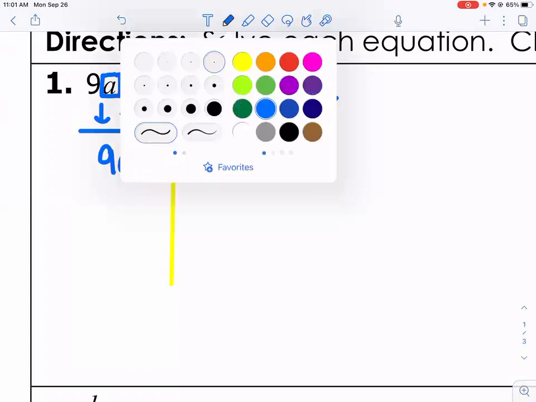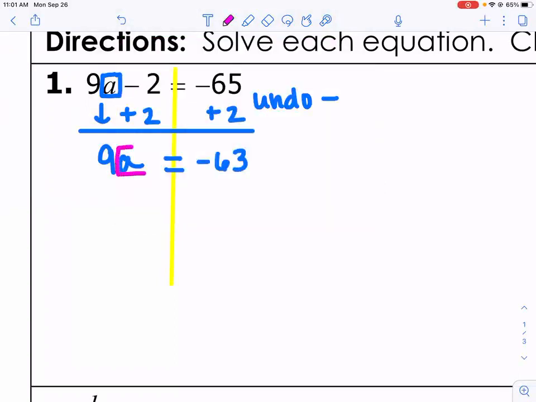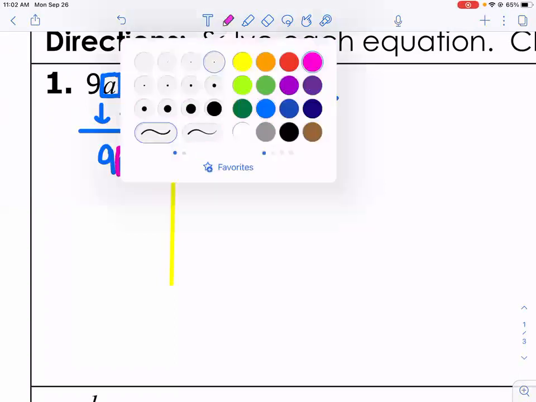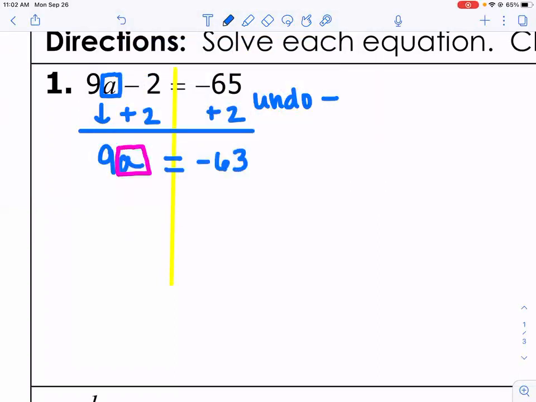Okay, now we still need to get rid of that 9. Okay, 9 is attached to A through what operation? Okay, so we need to now undo the multiplication by Harper doing what to both sides?